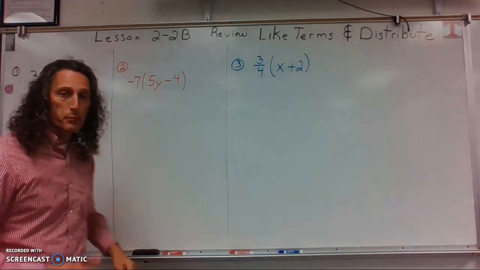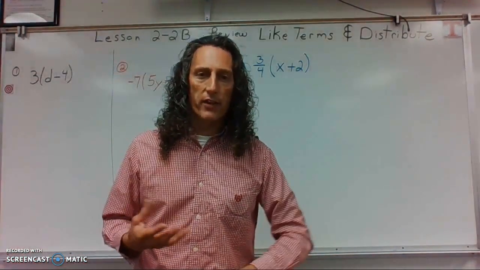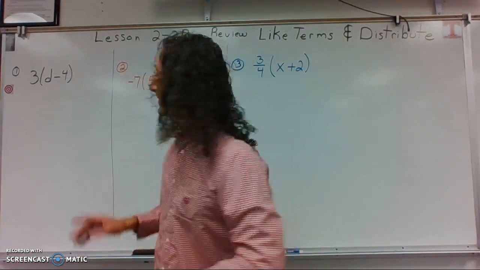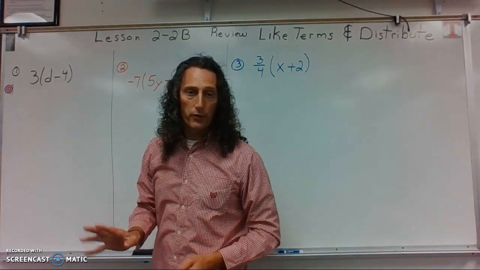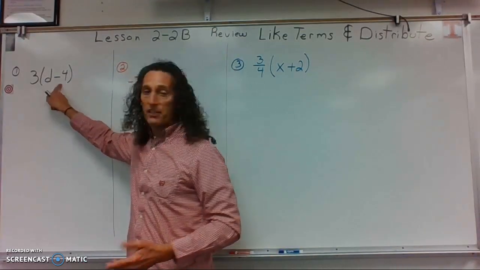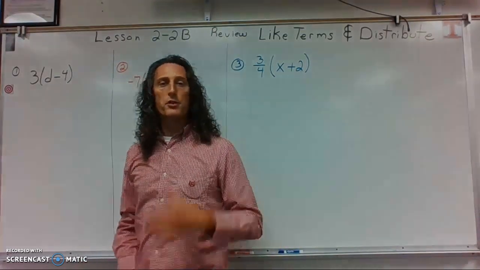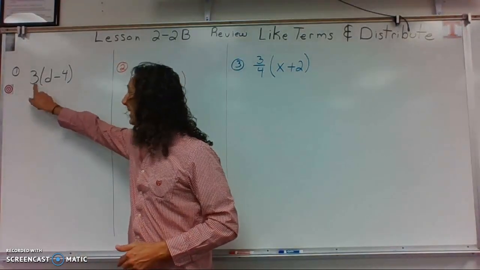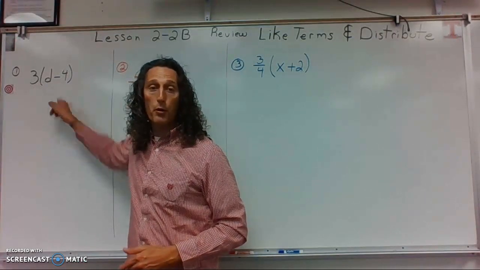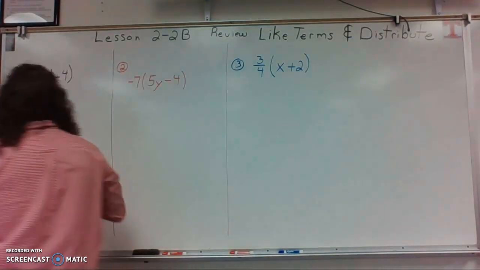So if you see parentheses, we want to kind of get rid of them. This is not the same as PEMDAS because the D and the 4, I can't simplify them any further. It's like dogs and constant numbers. Can't mix them up. So the distributive property, just as a reminder, I'm going to take this 3 and I'm going to times it by both of these terms. So this is how it looks.